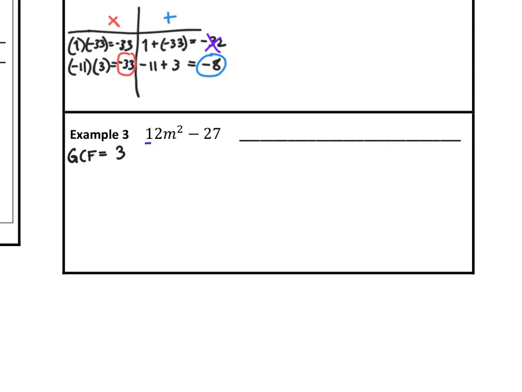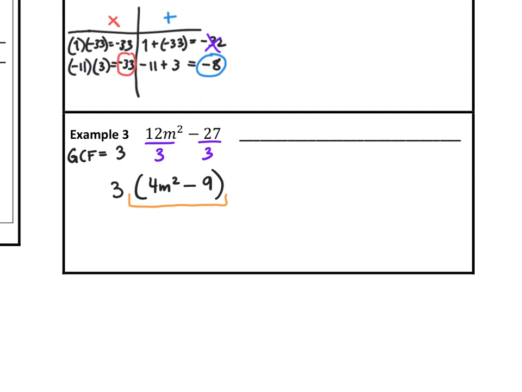So that's my GCF. I'm going to divide by 3. And so I'm going to set up my parentheses. 12 divided by 3 is 4 with an m squared minus, what's 27 divided by 3? It's 9.